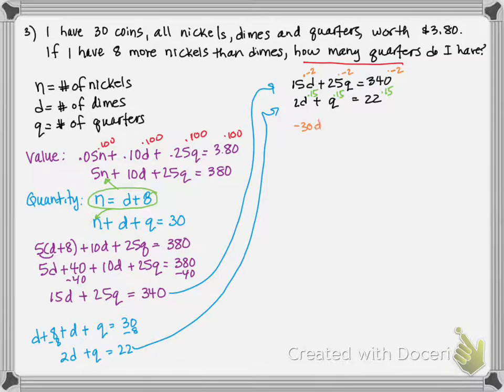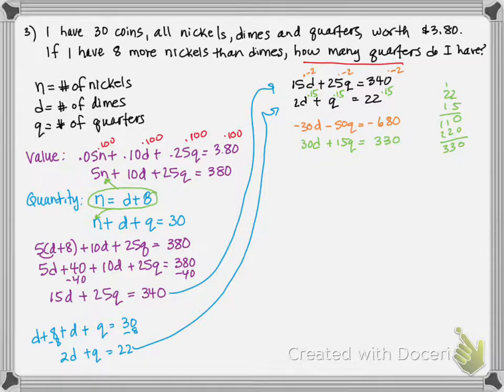So I get negative 30D minus 50Q equal to negative 680. And the second equation becomes positive 30D plus 15Q equals, and I don't know what 22 times 15 is. Let me see, 330.